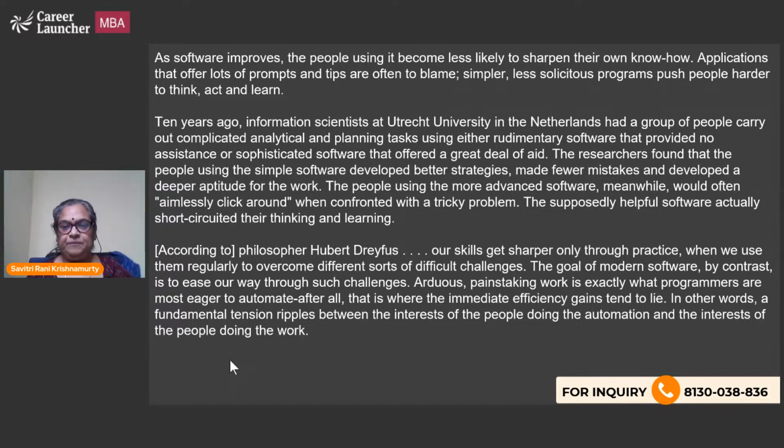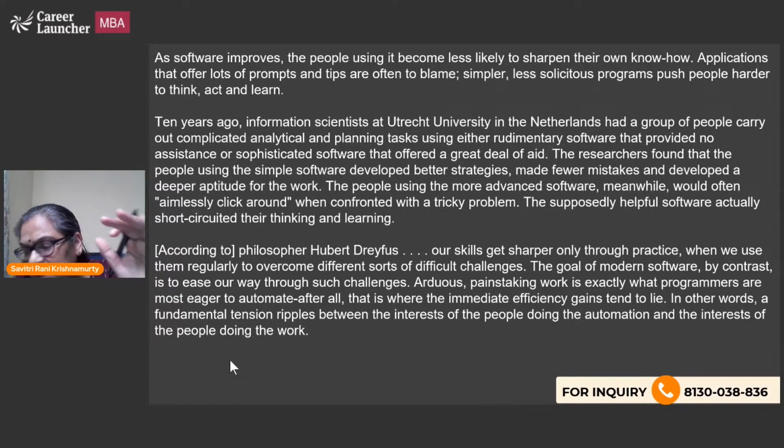The researchers found that people using the simpler software developed better strategies, made fewer mistakes, and developed a deeper aptitude for work. People using the more advanced software would aimlessly click around when confronted with a tricky problem. The supposedly helpful software actually short-circuited their thinking and learning.